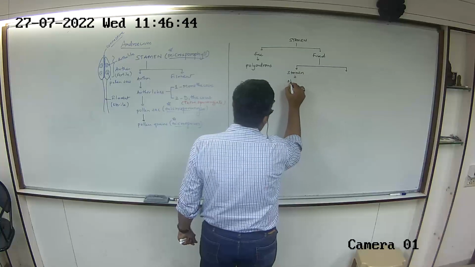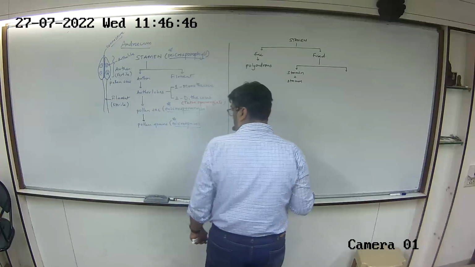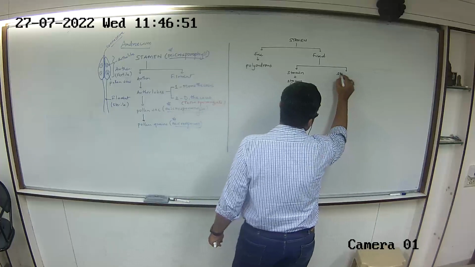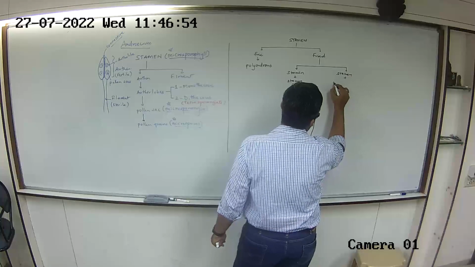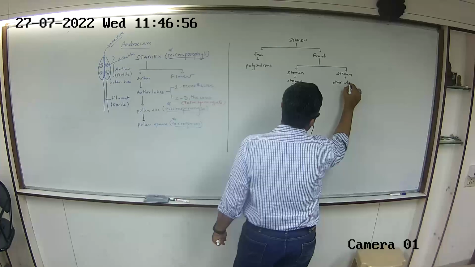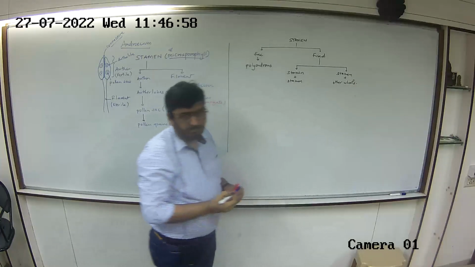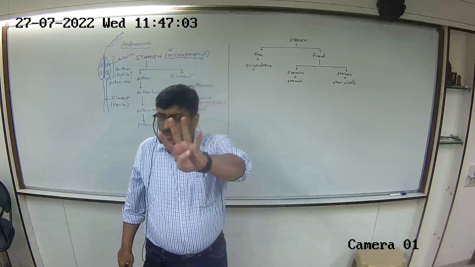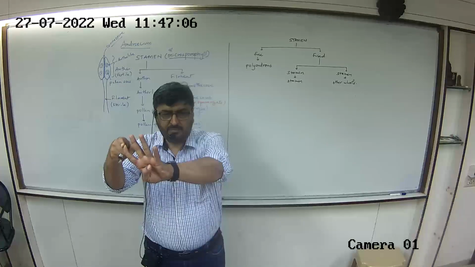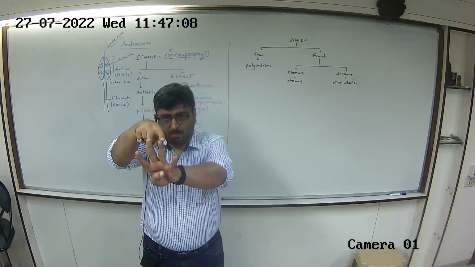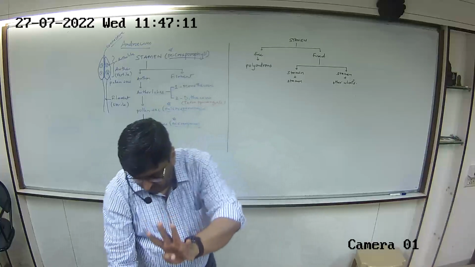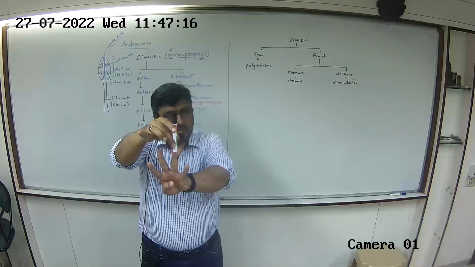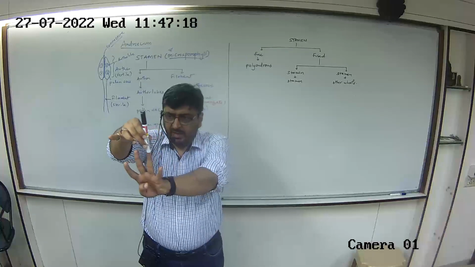Stamen fusing with stamen, or stamen fusing with other whorls. Four whorls. Outermost is calyx, then corolla, androecium, gynoecium. Will this sequence ever change? No. Classical. Right, this is the androecium.